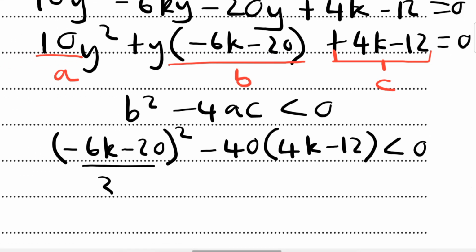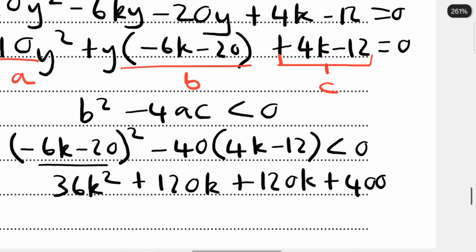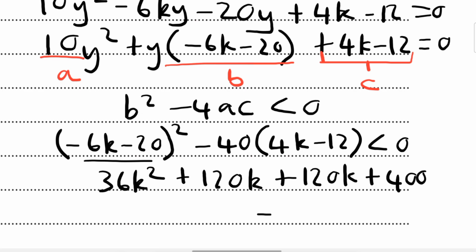Then expanding this, we get 36k squared plus 120k plus 120k plus 400, minus 40 times 4, that's 160k, plus 40 times 12, 480, is less than 0.